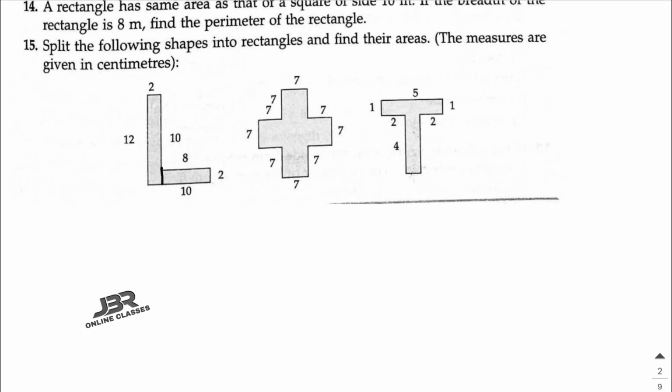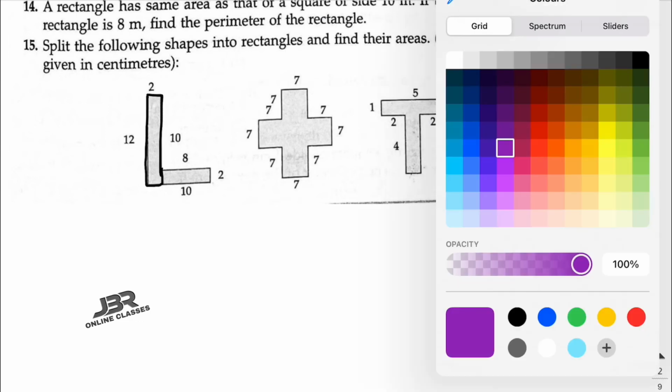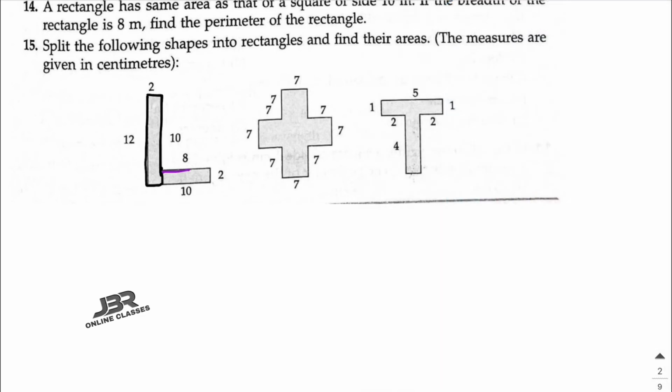Okay, so here the first one, this one is a rectangle, the first rectangle, and the other one, the purple one, is the other rectangle. So for the black one, length is equal to 12 and breadth is equal to 2.